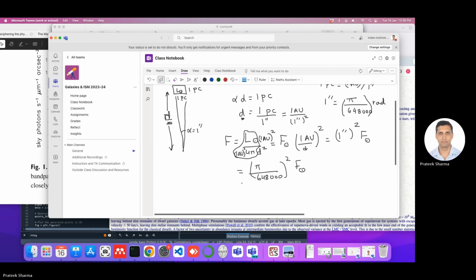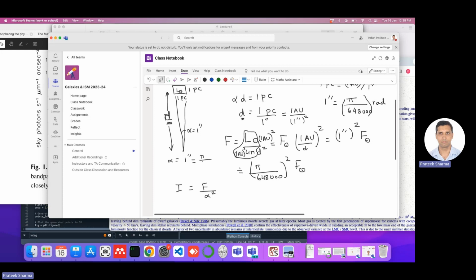Okay. So what is surface brightness? I equals F by alpha squared, right? And what is alpha? Alpha again is 1 arcsecond, which is equal to pi by 648,000. Exactly.